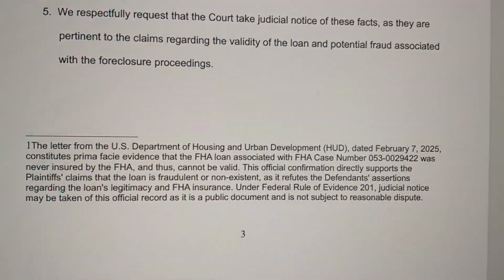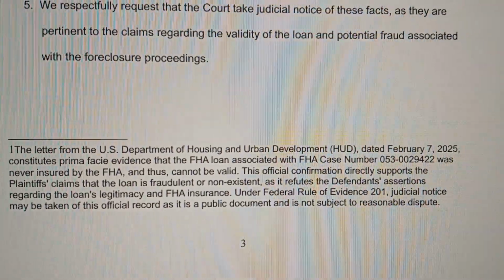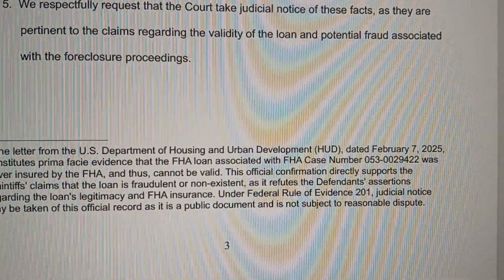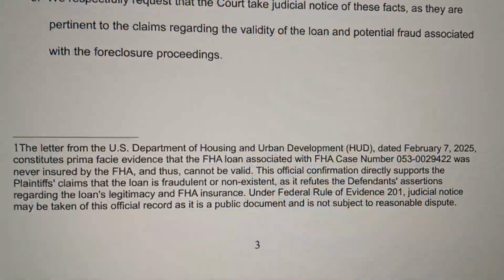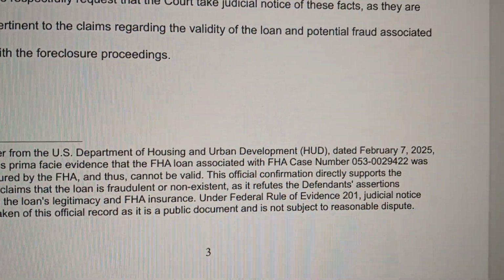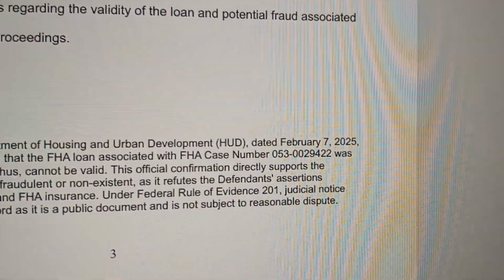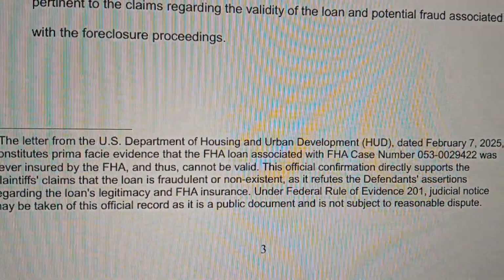And then there's a footnote here which basically states the letter from the U.S. Department of Housing and Urban Development, HUD, dated February 7th, constitutes prima facie evidence that the FHA loan associated with the FHA case number was never insured by the FHA and thus cannot be valid.